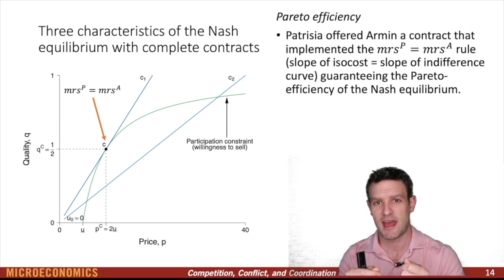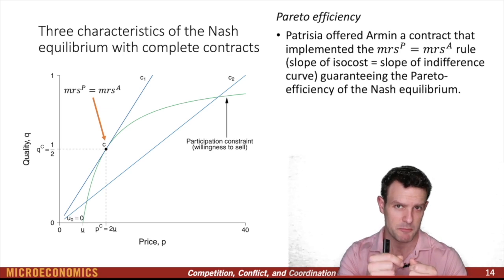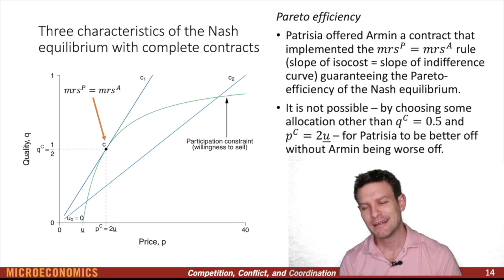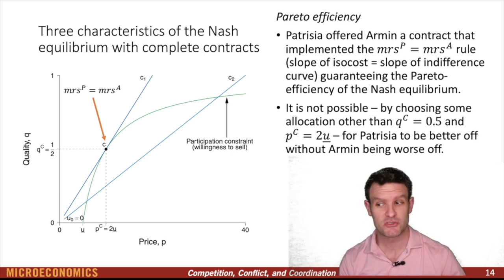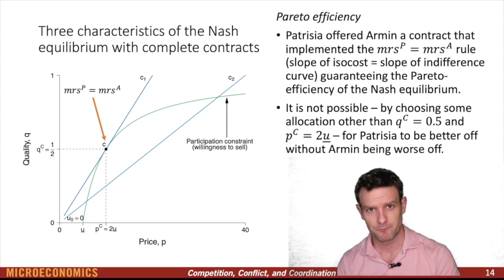So here we're seeing that Patricia's willingness to pay is equal to Armin's willingness to pay. Secondly, it is not possible by choosing some allocation other than QC equal to 0.5 and PC equal to 2 times U underbar for Patricia to be better off without Armin being worse off.